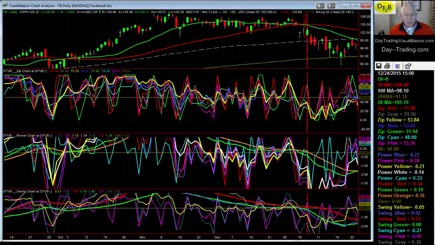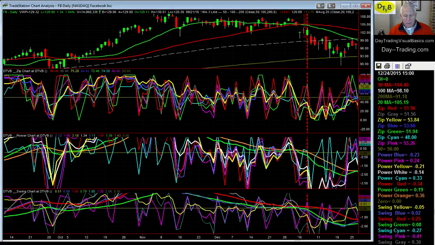It's the highest indicator, but it is right next to zero and barely over the power orange line. And of course, power orange and green are heading down at this point, so we're expecting a downtrend, as is your swing red and green lines.